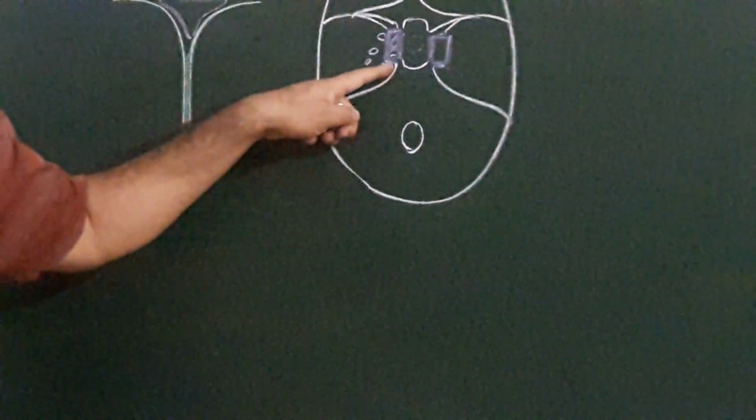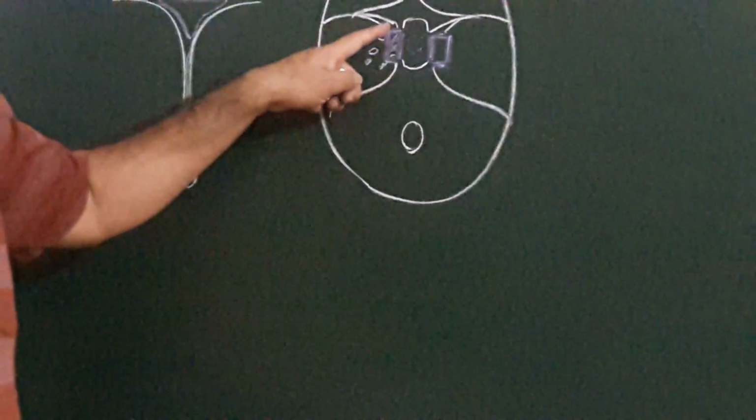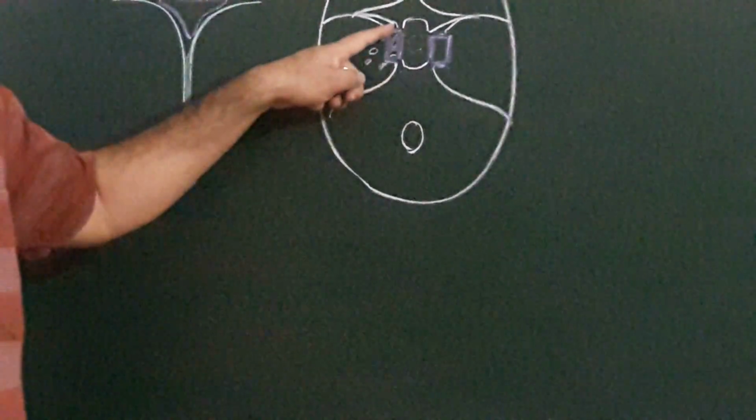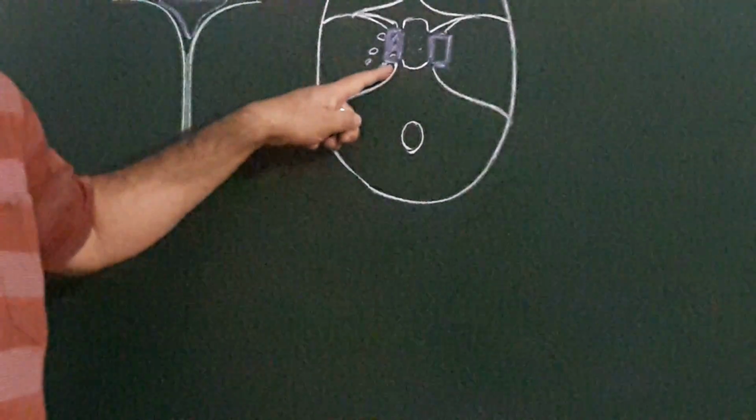This is the apex of the petrous temporal bone. So anteriorly it extends up to the superior orbital fissure, posteriorly up to the apex of the petrous temporal bone.